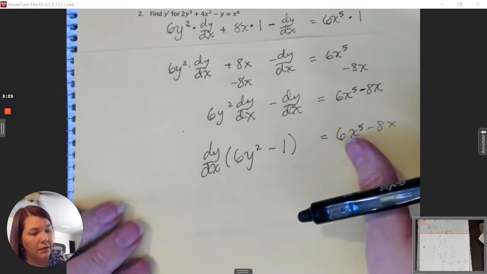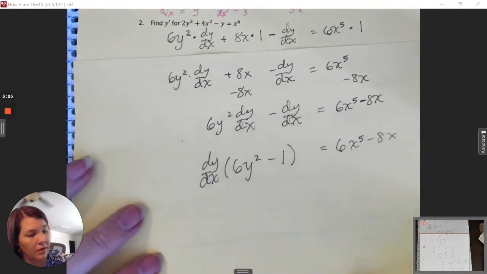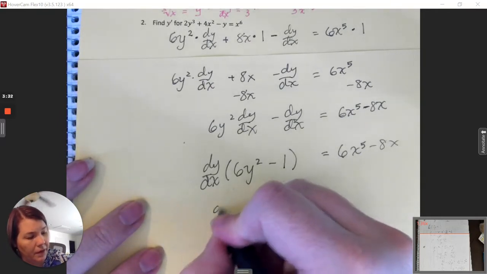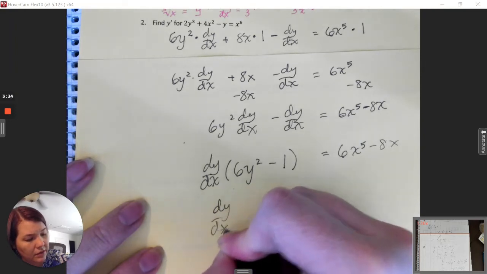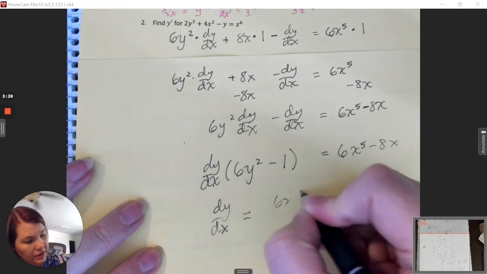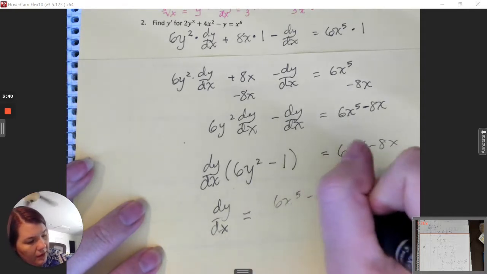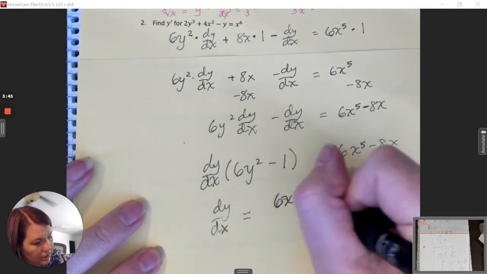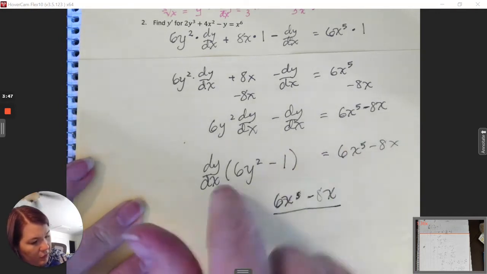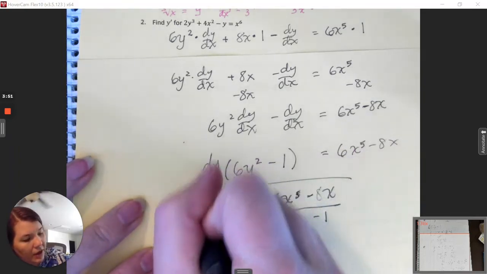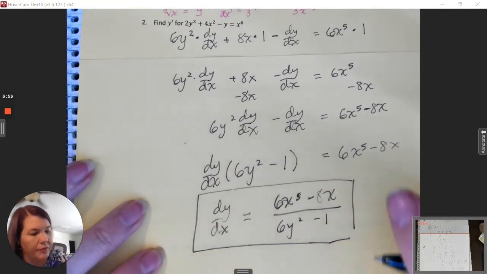We'll finish that up by dividing. dy dx equals 6x to the 5th minus 8x, the other side, divided by those parentheses, 6y squared minus 1. This is my answer. That is where I will stop working.